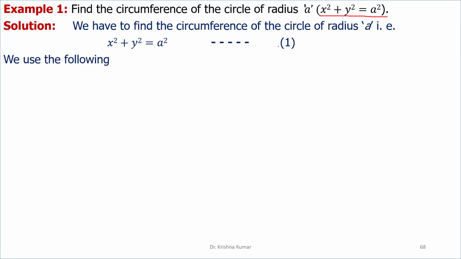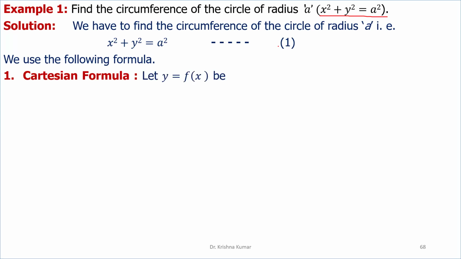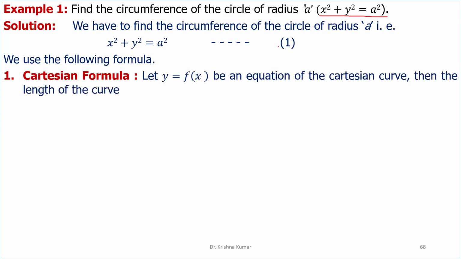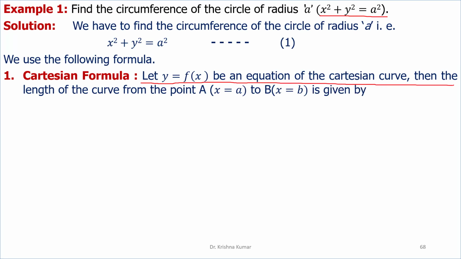So first we use the following formula for finding the rectification of the given curve. We first take the Cartesian formula to find the circumference of the circle. Let y is equal to f of x be an equation of the Cartesian curve.